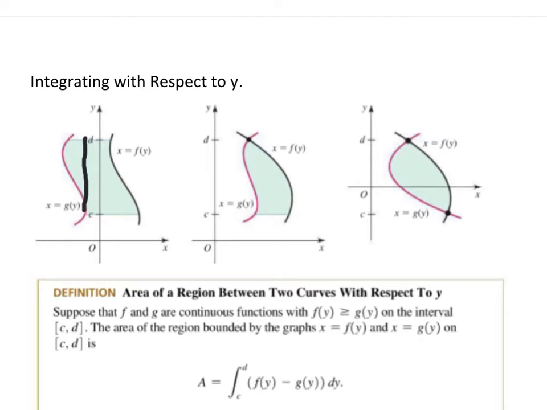If I draw this vertical slice here, going from this point up, I'm going from this function, x equals g of y, and I'm not hitting this function over here, x equals f of y. So you want to be able to go across the function from either the left or the right and draw a vertical line from one function to the next.